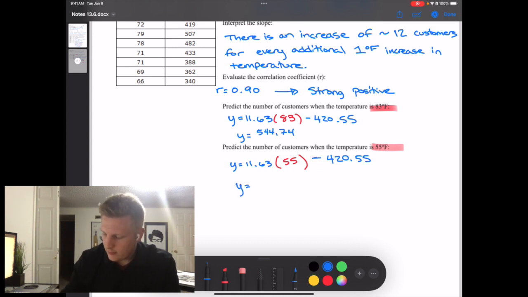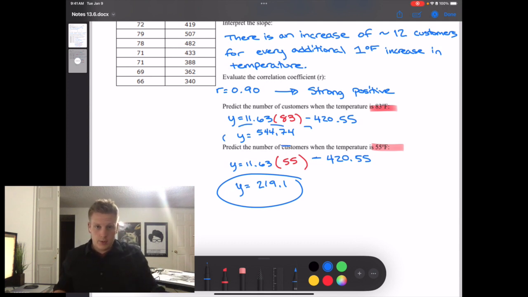And using our friendly calculator, 11.63 times 55 minus 420.55, and it looks like I get a value of 219.1. There we go. Check it out. Our notes are all done.